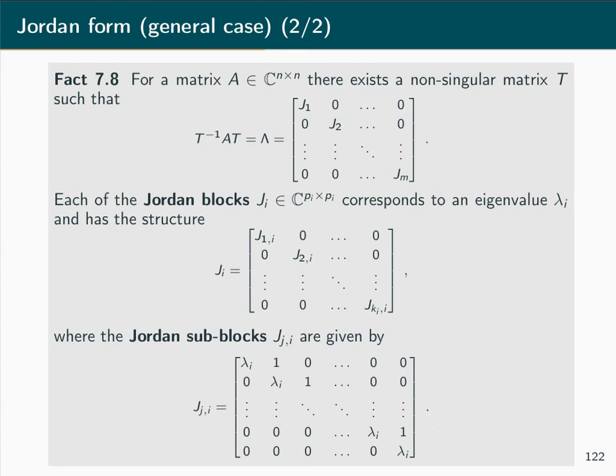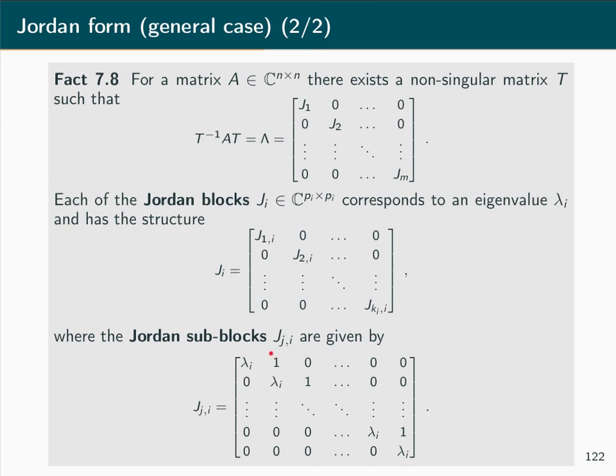These Jordan blocks Ji are again composed of a bunch of Jordan subblocks on their diagonal, where the number of subblocks is denoted with ki, and these Jordan subblocks have the form shown here, so they have the repeated eigenvalue lambda i on their diagonal and ones on their superdiagonal.